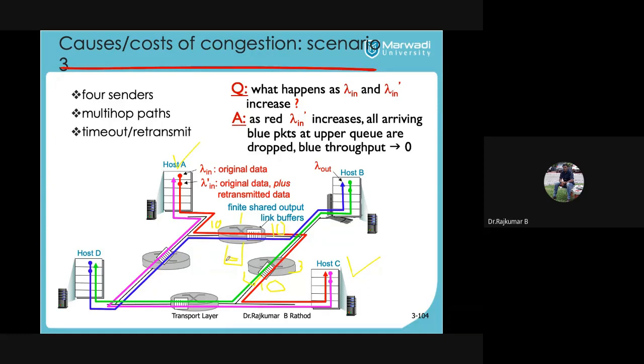So that goes from 1 to 3. Then router 3 also does the same thing. It receives the 2 Mbps data from router 1, which is coming from host A, stores it in its buffer, processes it and forwards it to host C.